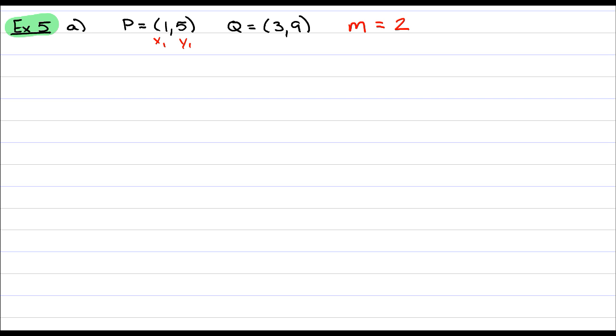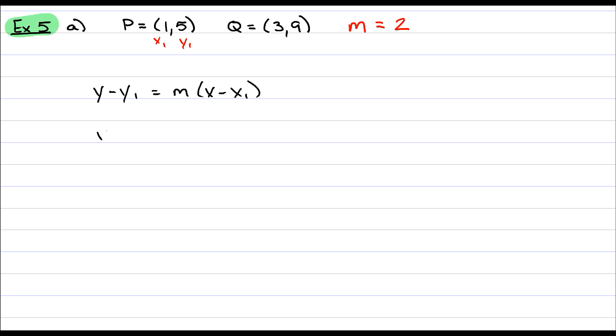And now, point-slope form is the following. y minus y1 equals m times x minus x1. So then I just need to plug in all of the relevant values and then solve for y.